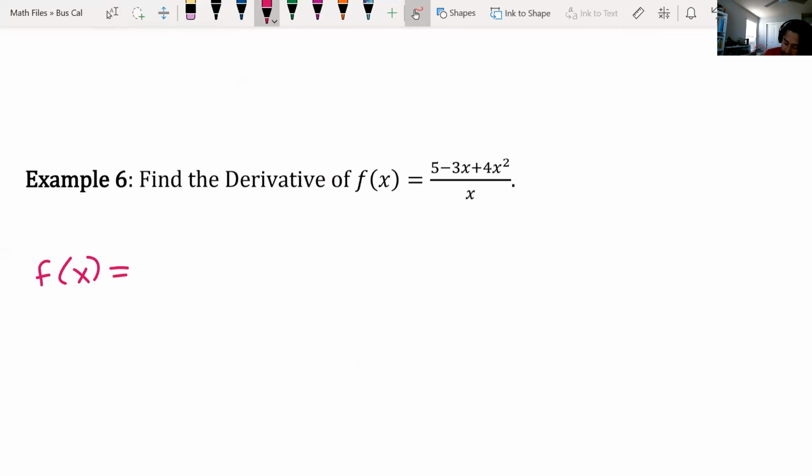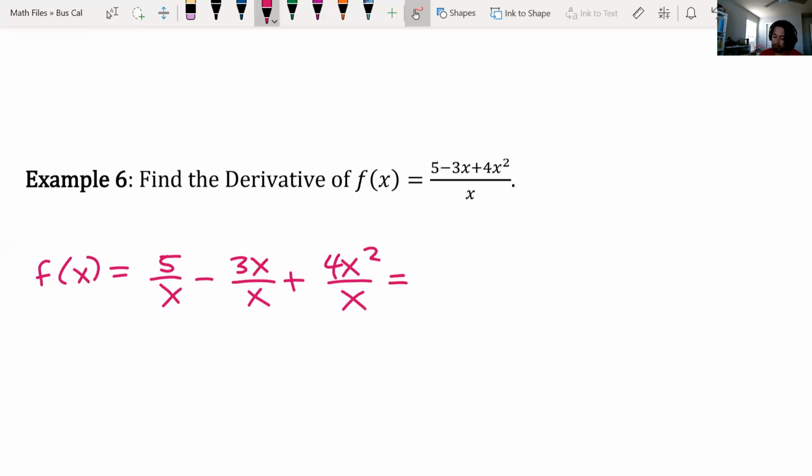I can rewrite this as 5 over x minus 3x over x plus 4x squared over x. So we have put all 3 terms over the same denominator, and now we can simplify algebraically.